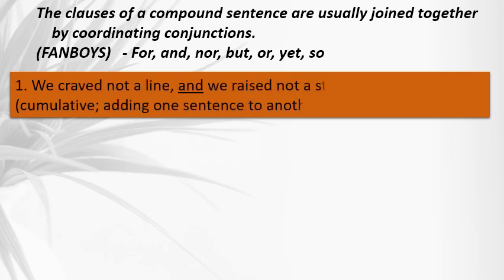We carved not a line, and we raised not a stone. So here, we carved not a line, we raised not a stone. Both are independent sentences joined with the help of the coordinating conjunction, that is and. That is why it is a compound sentence. And here the meaning of and is cumulative, means adding one sentence to another.